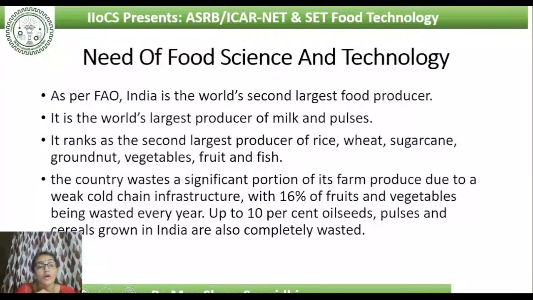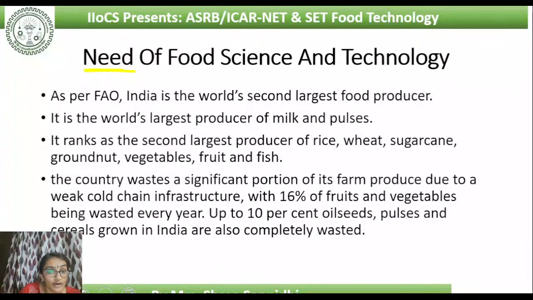We just saw the scope of food science and technology. Now we have to see the need. Why do we really need food science and technology, especially in our country? Let us see why. As per FAO, India is the world's second largest food producer.